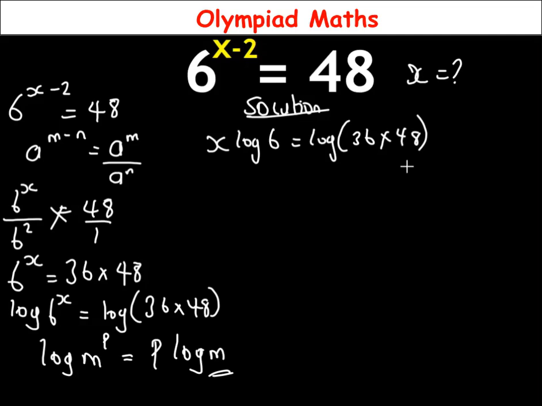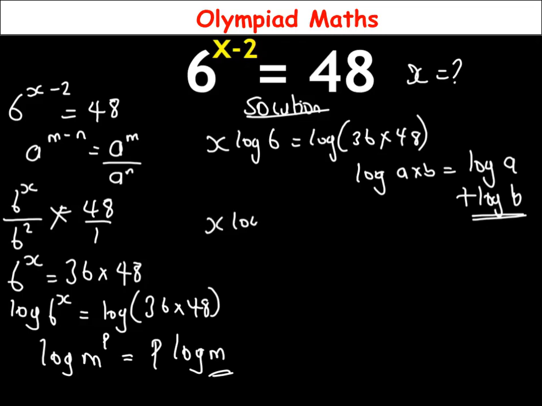Okay, now if you have logarithm of a times b, this equals logarithm of a plus logarithm of b. So applying this right here, what you have is x logarithm of 6 is equal to logarithm of 36 plus logarithm of 48.